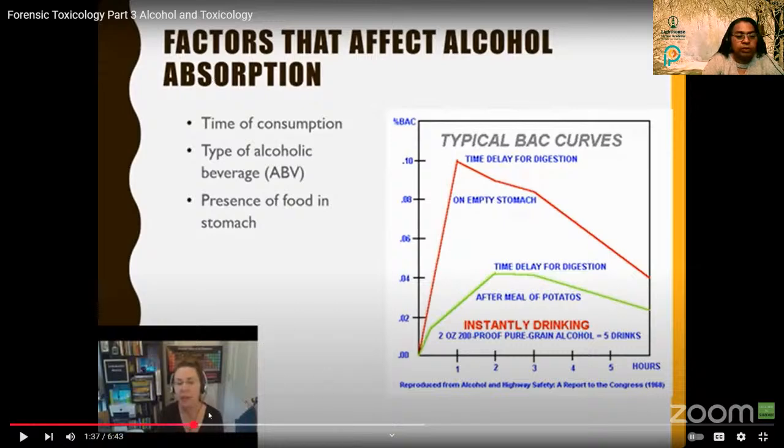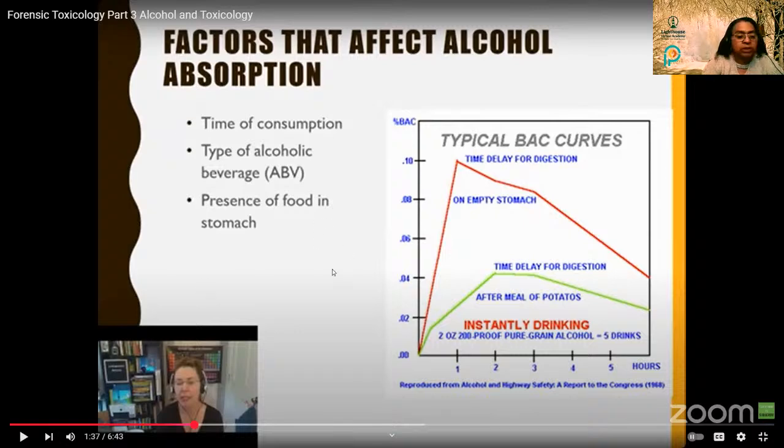I paused it. Good morning if you just came in. I'd like for you all to take some notes. You can pick up where you left off; you were taking notes on a paper before. Just write the factors that affect alcohol absorption. You don't have to draw the graph, just the 3 points.